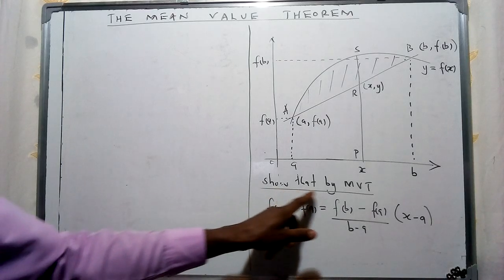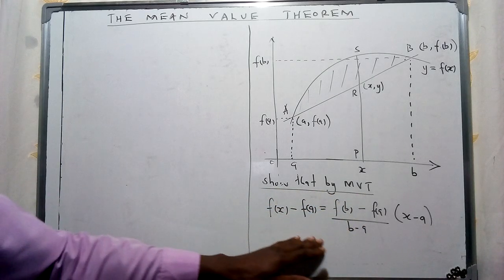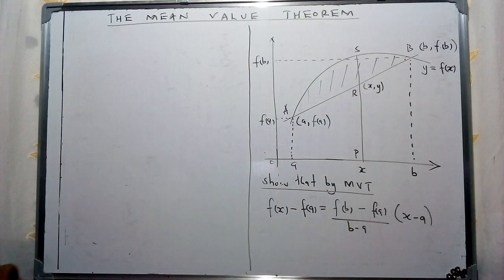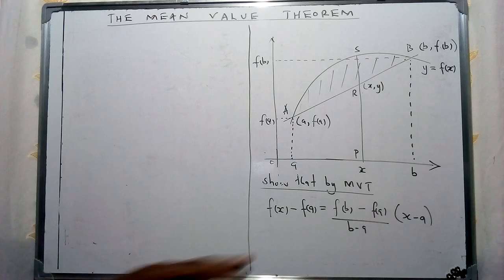Now, we are required to show that by the mean value theorem, this is going to be the relationship between this specific point which I've chosen for x, and the function which we're going to consider given on the board.